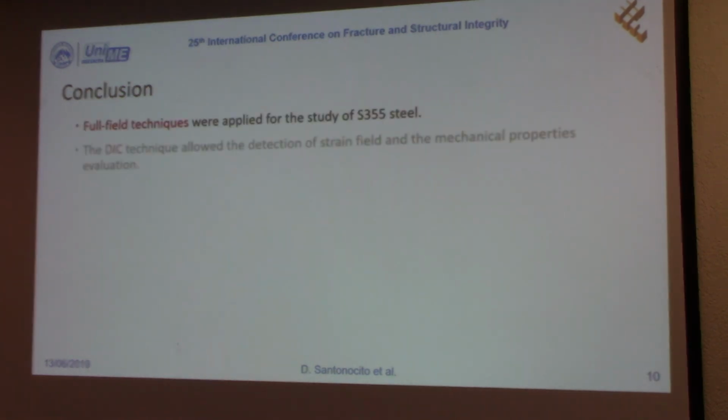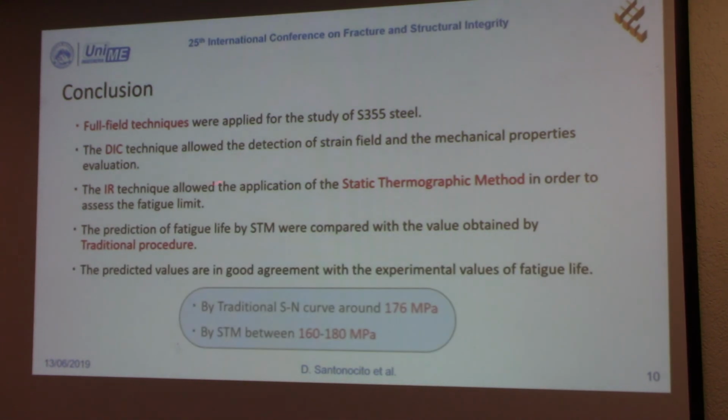So in conclusion, the full field techniques allow us the study of the mechanical characteristics of the S355 steel. The DIC helps us in the assessment of the strain field and the displacement field. And the IR techniques allow us the application of the static thermographic method in order to assess the fatigue limit of the component.